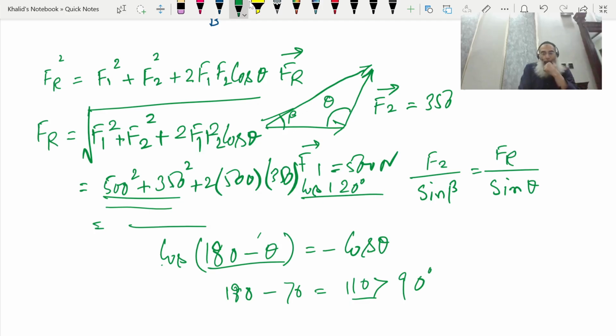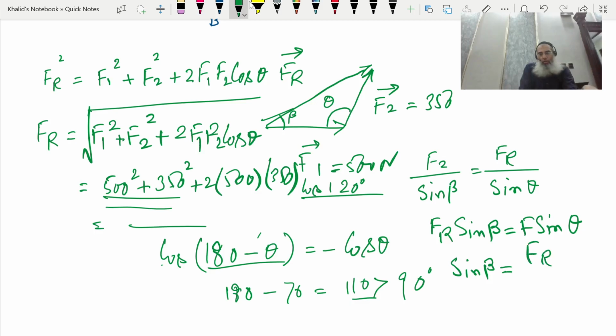So cross multiply, it becomes FR sine beta is equal to F2 sine theta. So sine beta is equal to F2 over FR sine theta.